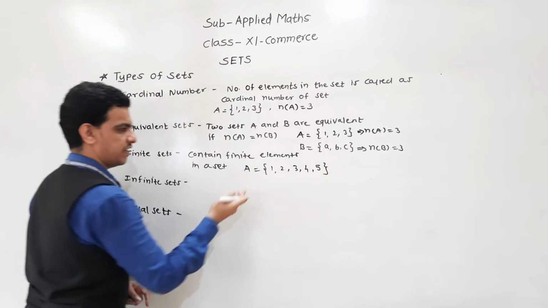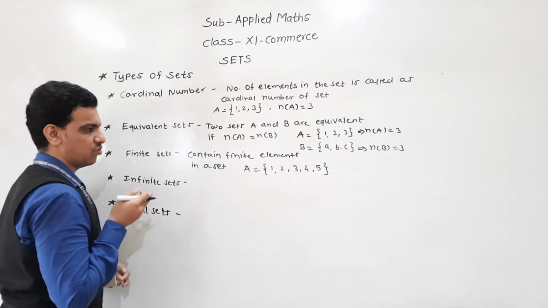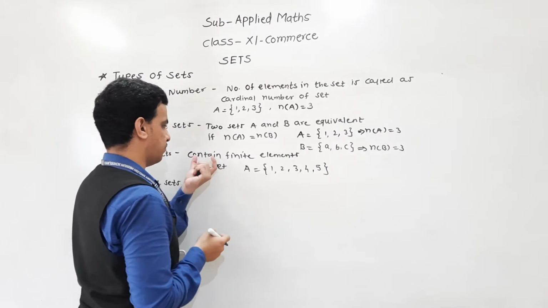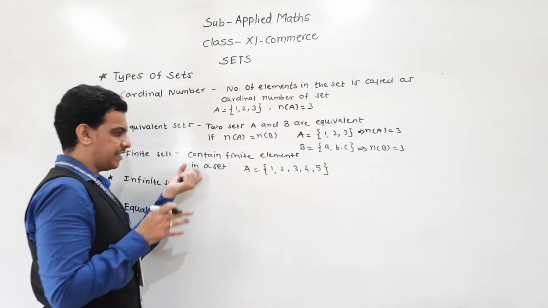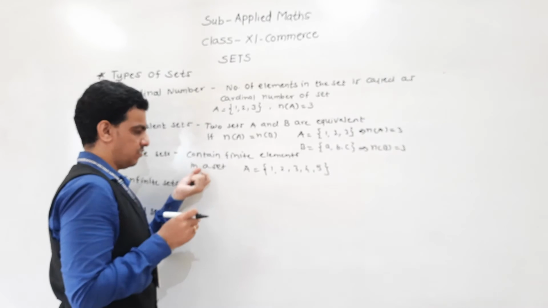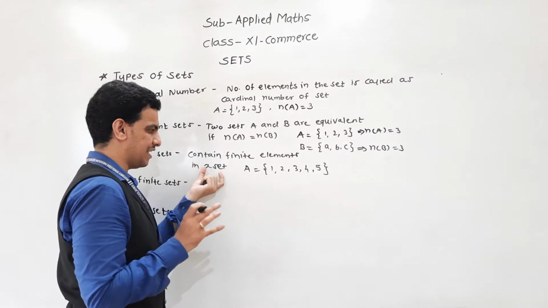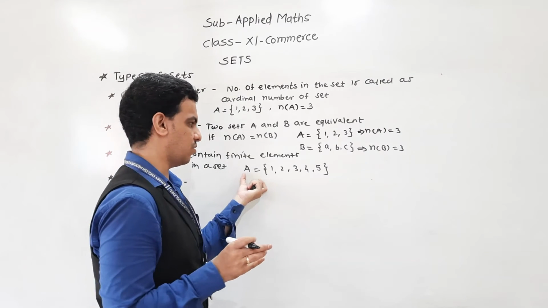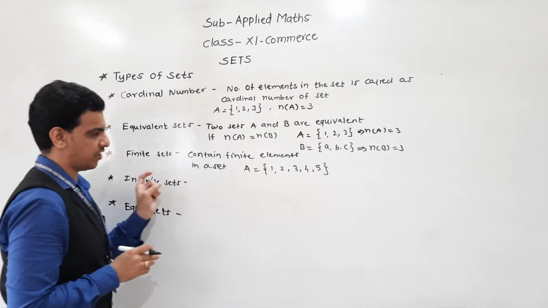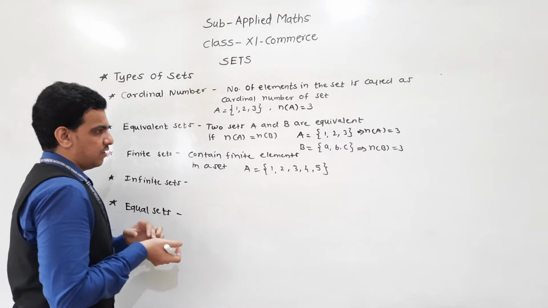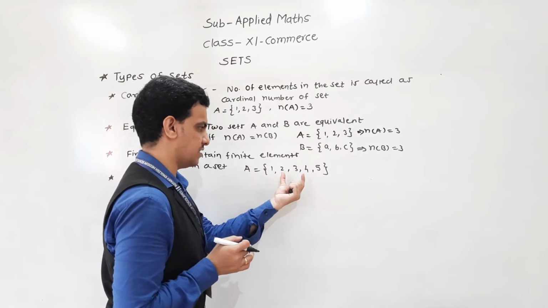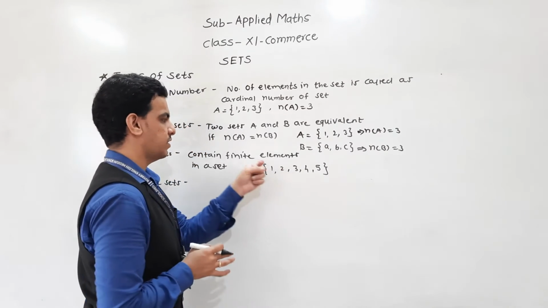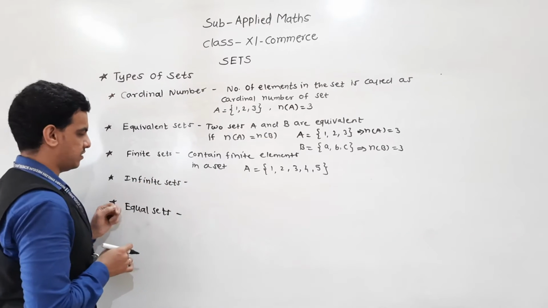This is a finite set, because we can count the elements. If a set contains finite elements, we call it a finite set, or we can say that if the cardinality of the set is finite, then that set is called a finite set.